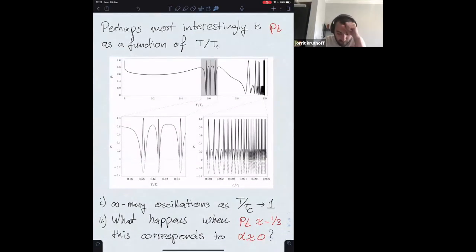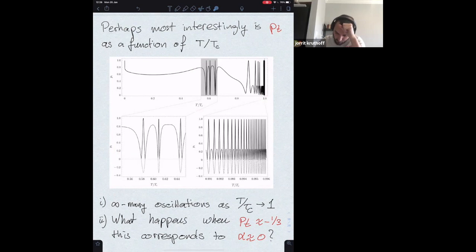And so then you get this pretty amazing plot that I think is still very, very interesting. Here I've plotted PT, this Kasner exponent, as a function of the temperature between 0 and the critical temperature. And what I want you to focus on is this regime, so very close to the critical temperature. Ignore this regime for now, that's not important.